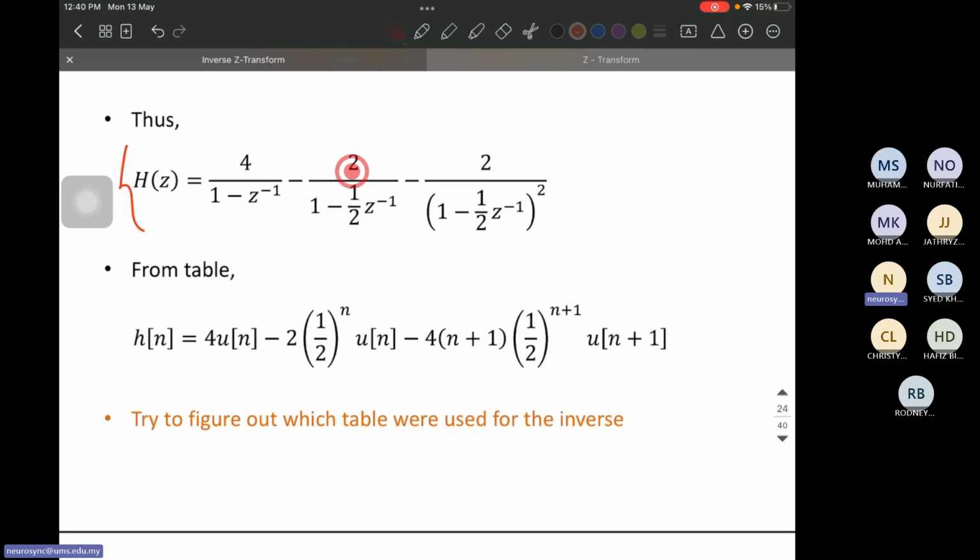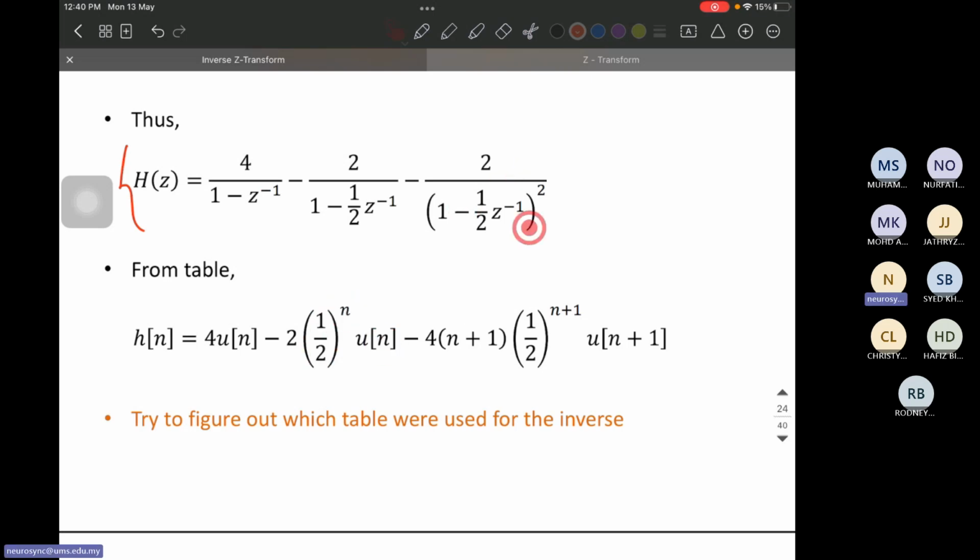Now apply the standard Z inverse formula. So this is nothing but 4 into u of n. Here what is a? 1 by 2. So minus 2 will keep outside. This is Z inverse of 1 by 1 minus 1 by 2 to the power n, u of n.